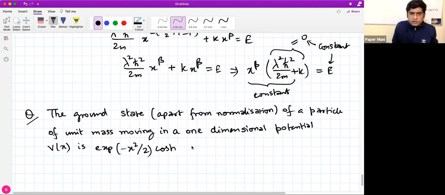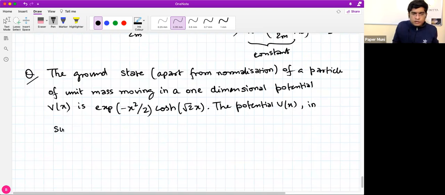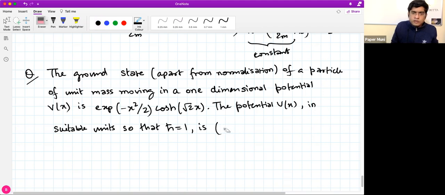This is cosh(root 2 x), and the potential is V(x), in suitable units so that h-cut equal to 1, up to an additive constant. So this is a question.